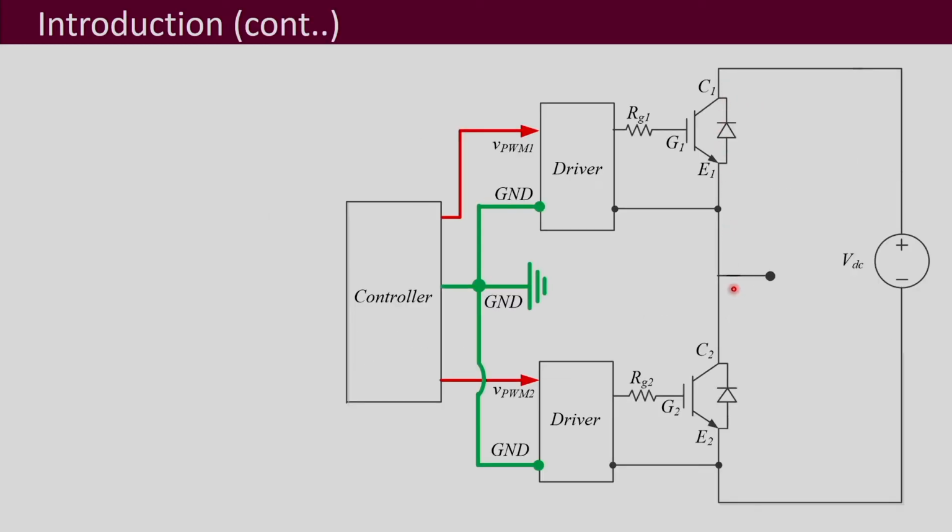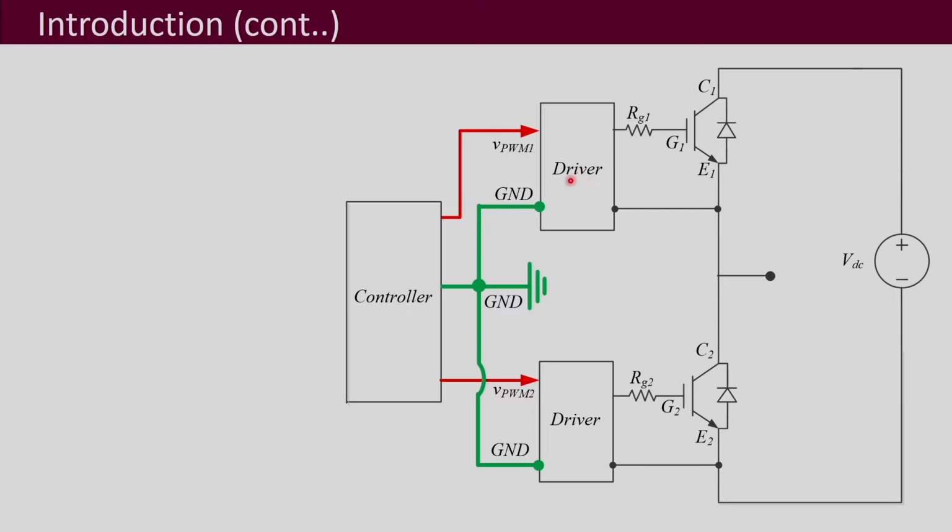Here I have taken the example of one leg of an H-bridge. This is the DC supply which is connected to this one leg, and then we have these two IGBTs with anti-parallel diodes, and two gate resistors RG1 and RG2, and two gate drive circuits.